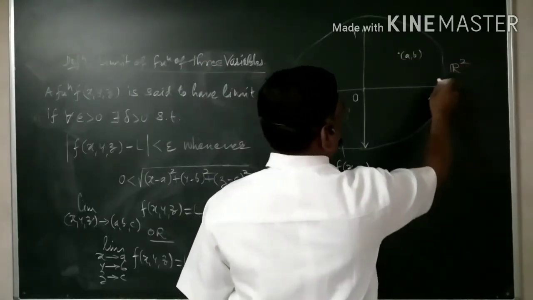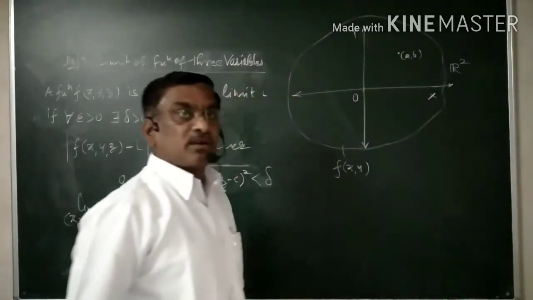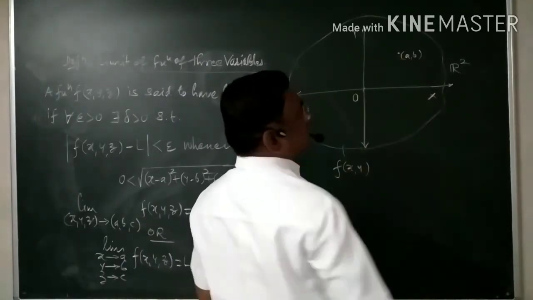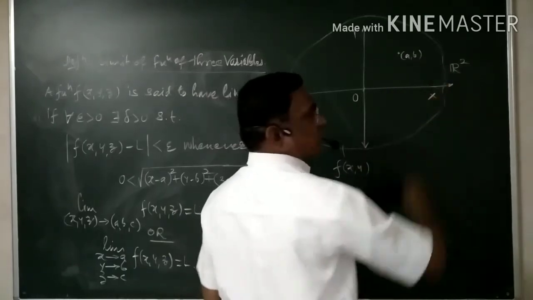All of this we consider as the domain of the function, R2, and we are considering this point (a, b), any point in this domain, which is also a point of R2.